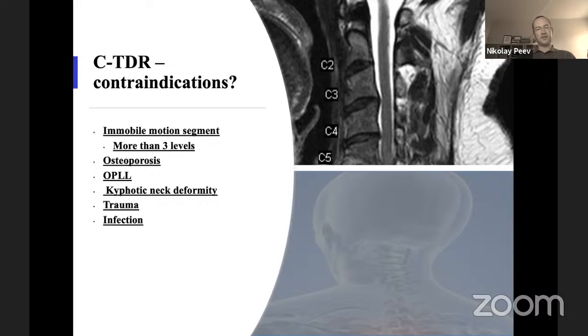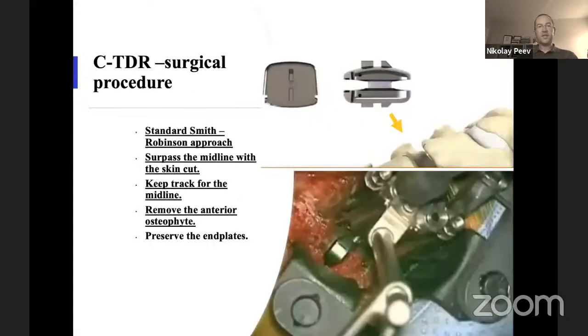I might consider hybrids. Osteoporosis, I would not do disc replacement in osteoporotic patients, or severely ossified posterior longitudinal ligament. If there is a severe kyphotic deformity, in trauma, I would not do it, and if there is infection, I would not consider it. The surgical procedure is standard as with the ACDF.